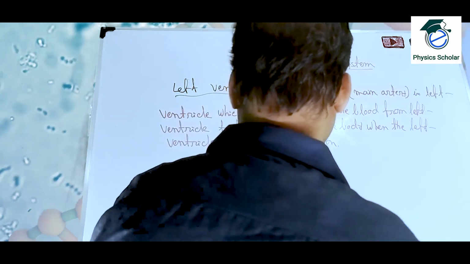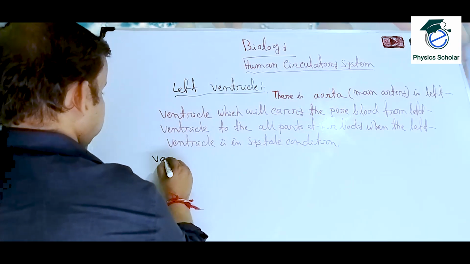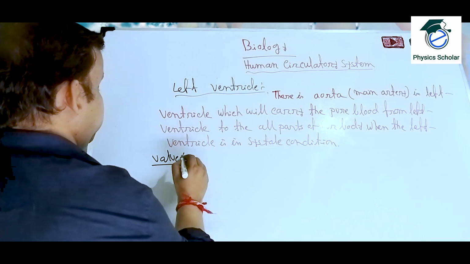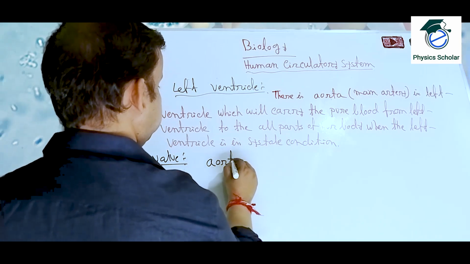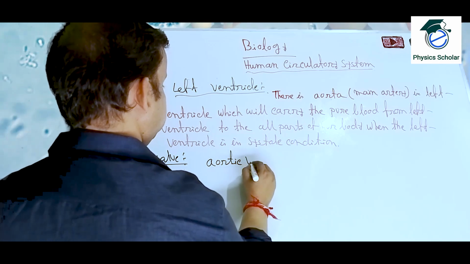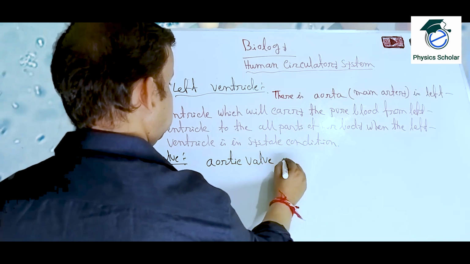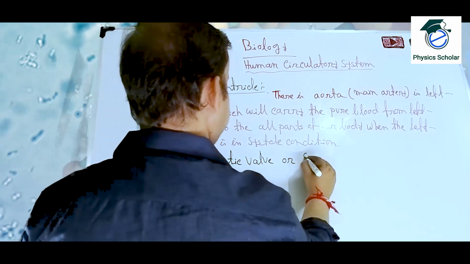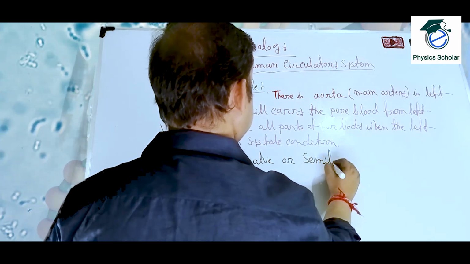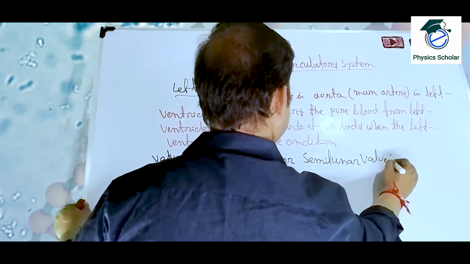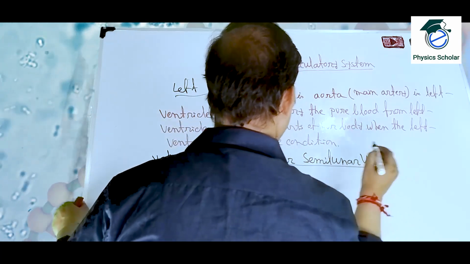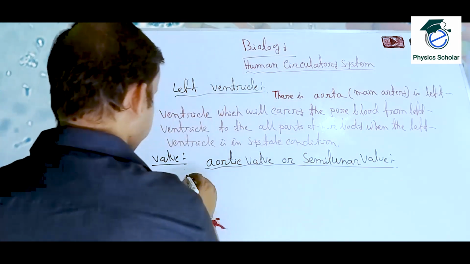Now there is a valve, just like the mitral valve, there is another valve which is known as the aortic valve or semilunar valve, okay.